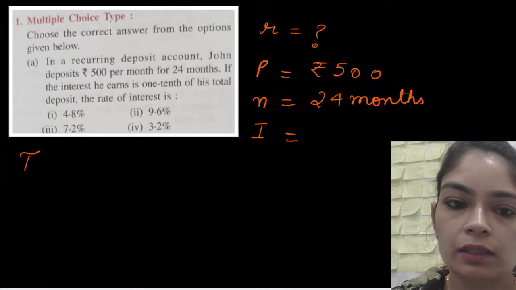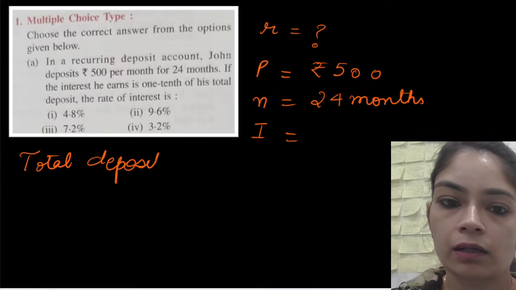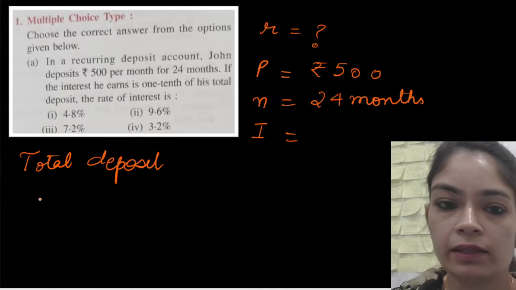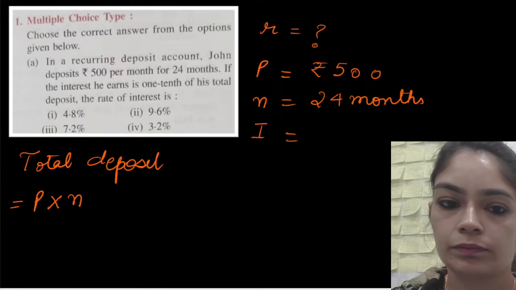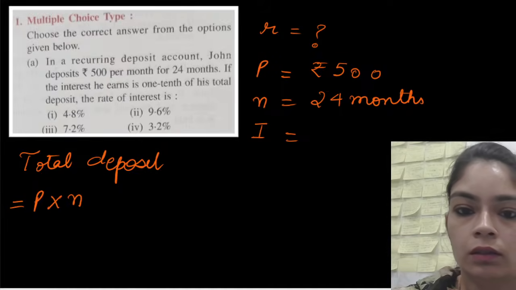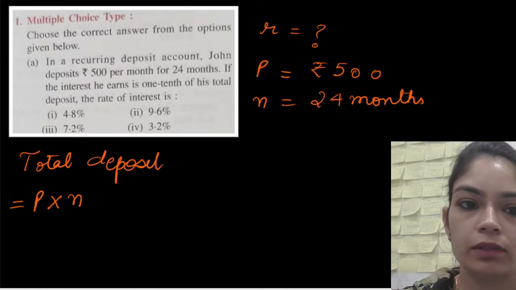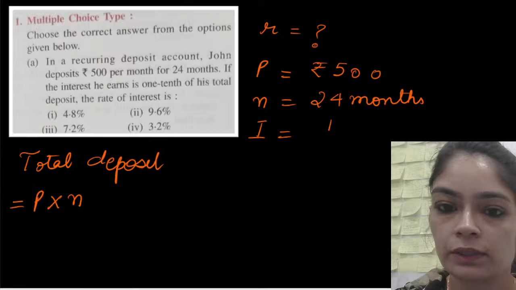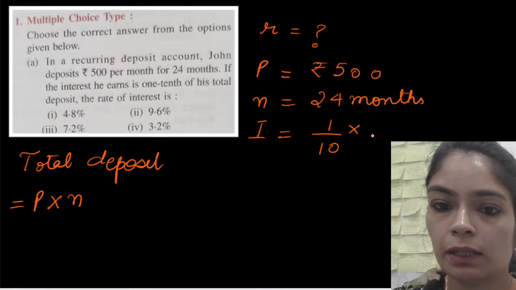So total deposit, I'll tell you here, total deposit is how much we are depositing. So total deposit here, it is P into N. Okay, so what we can do here, first we'll find total deposit, because interest is given to us as 1/10 of total deposit. 1/10 of means multiplication here, total deposit P into N.